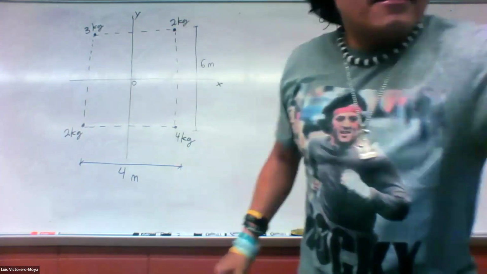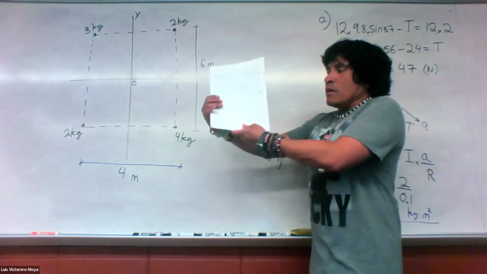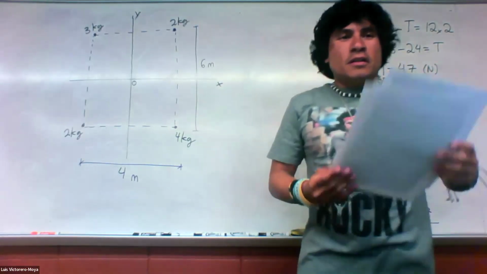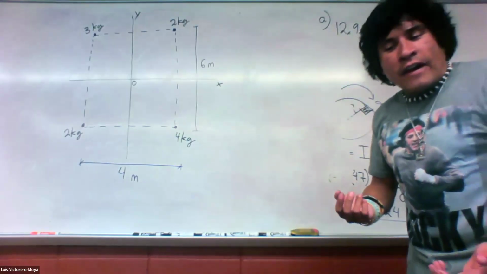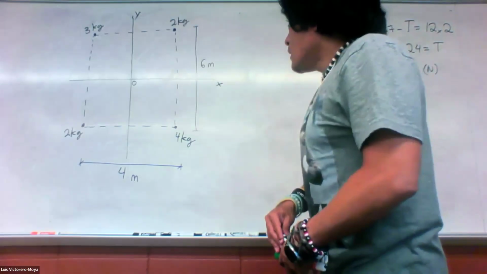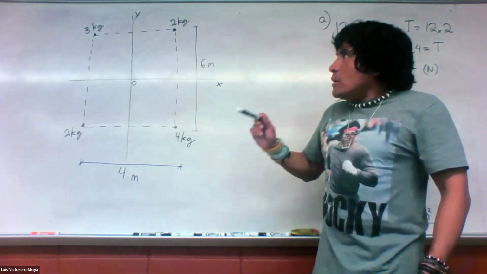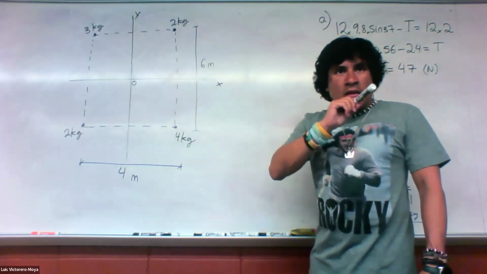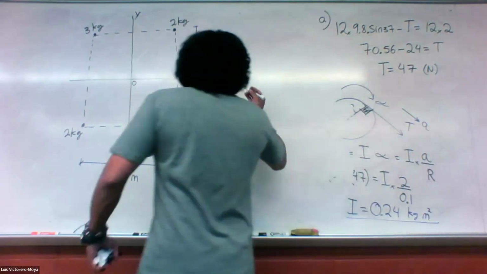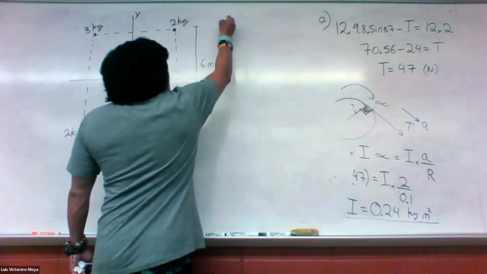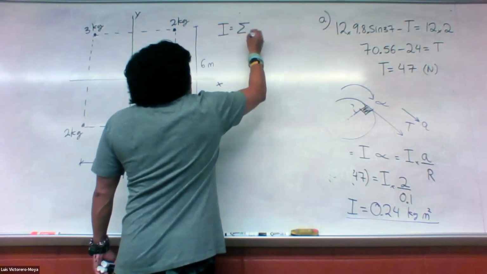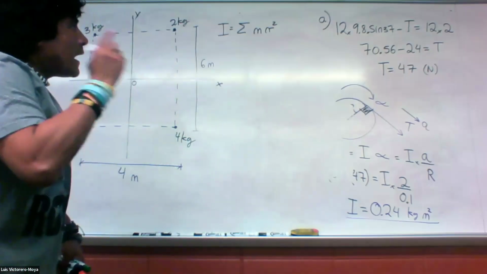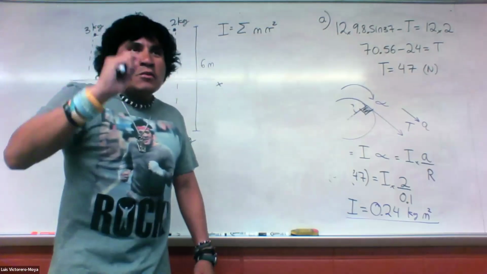They're going to be doing this, right? Like this. So how do I find I? I is going to be due to the contribution of the four masses, so you have a sum. So the I will be the sum of m r squared, and r is the distance of each mass to the axis of rotation.